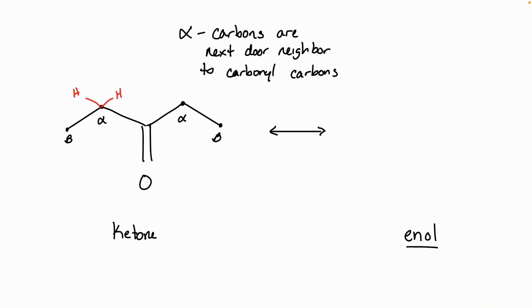That's what makes an enol an enol. Okay? So again, I don't lose any carbons. This is this equilibrium. Same number of carbons, same number of oxygens, everything in the same place, except now I have an alcohol group and a double bond with that alpha carbon.